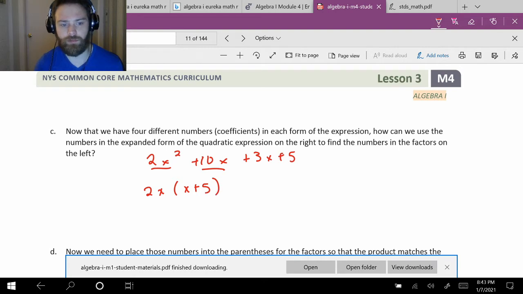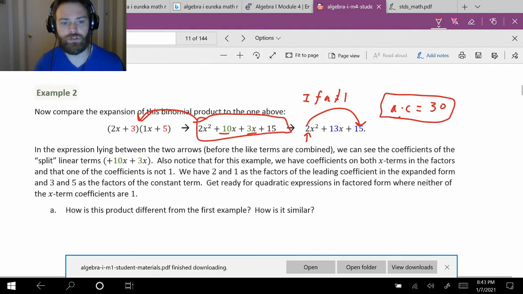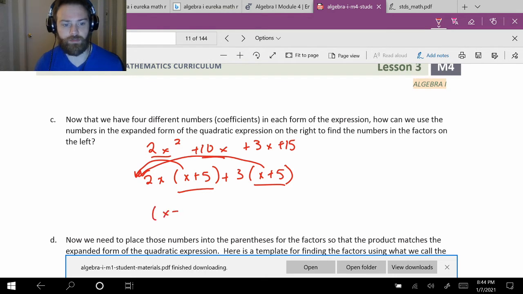And over here, these two terms, I can factor a 3 out, and I'm left with x plus 5 inside those parentheses. So x plus 5 and x plus 5 now match, and now they're a GCF, so I can factor it out. Got x plus 5 and 2x plus 3, and I'm finished.